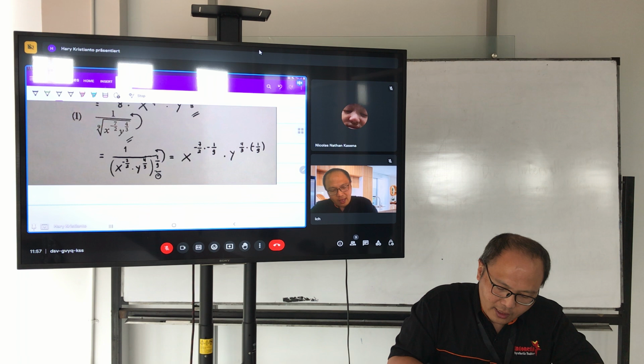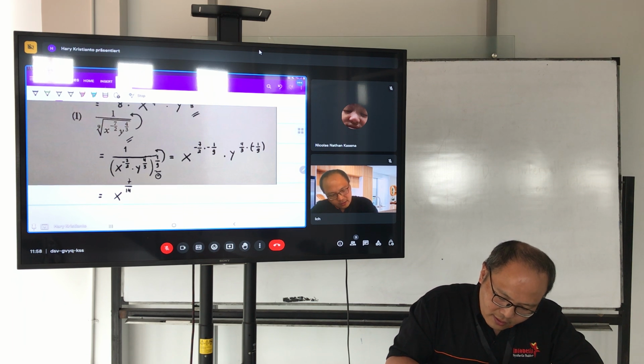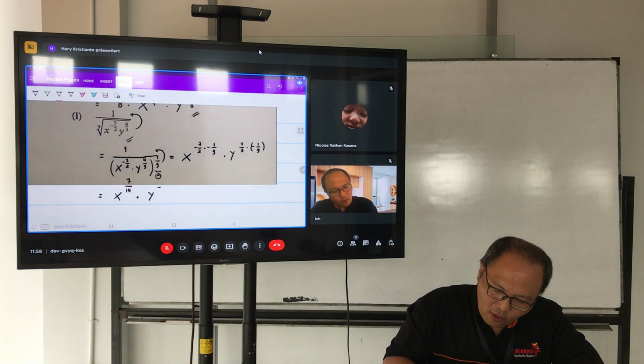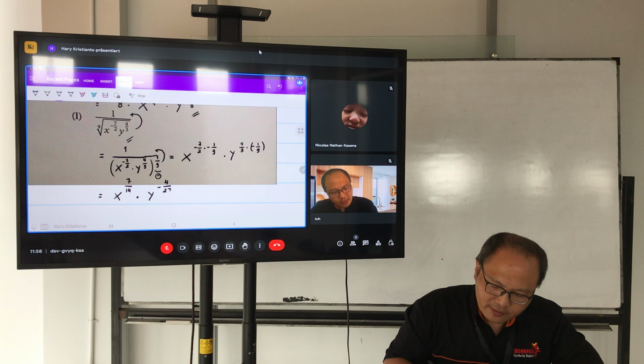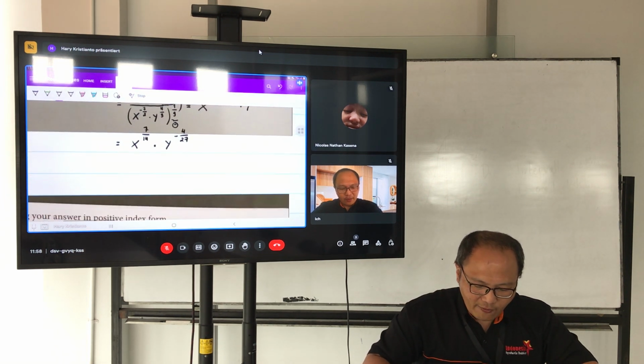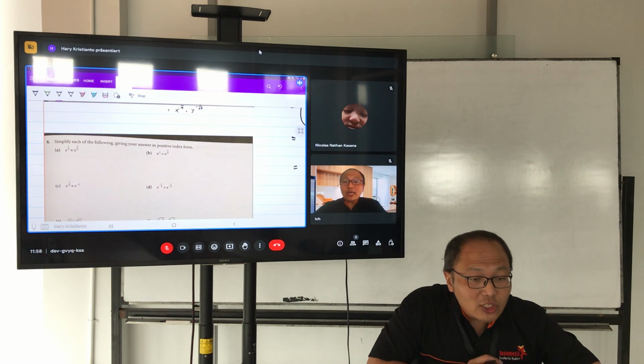This is the same like x to the power of positive 7 over 14 times y to the power of negative 4 over 27. So do you get the same? Yes.